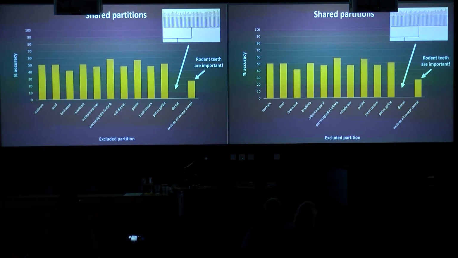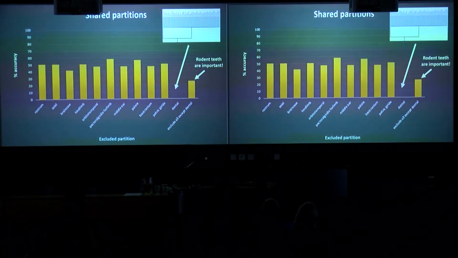And as you'll notice, it doesn't really matter which partition you knock out, with the exception of dental data, of course. They all more or less recover around 50% of the partitions that I have in my optimal tree. When you exclude dental data, though, what I got was just one massive polytomy, and there are no shared partitions.